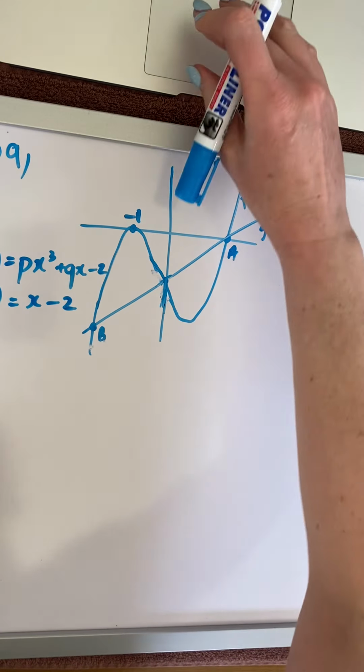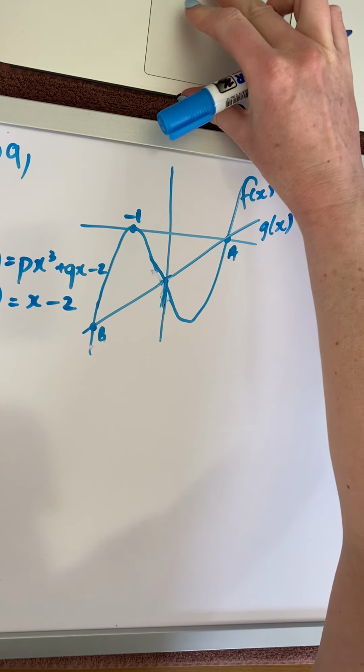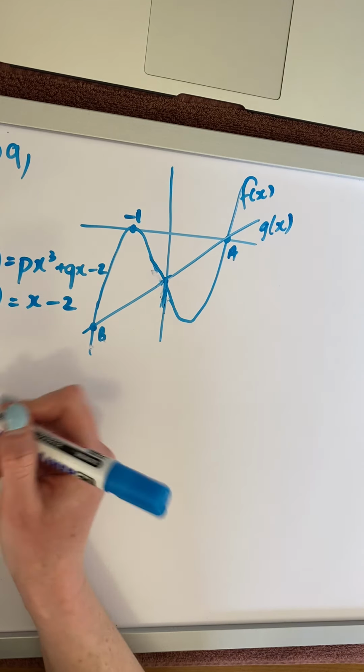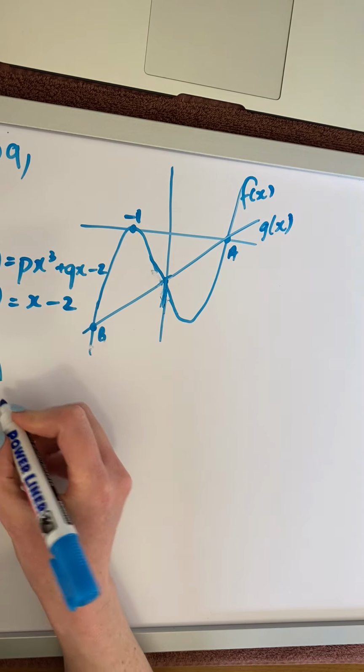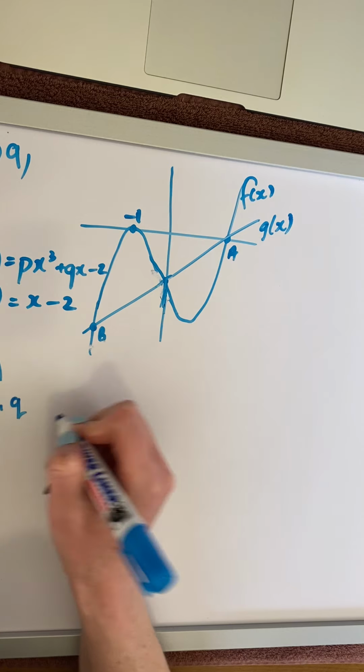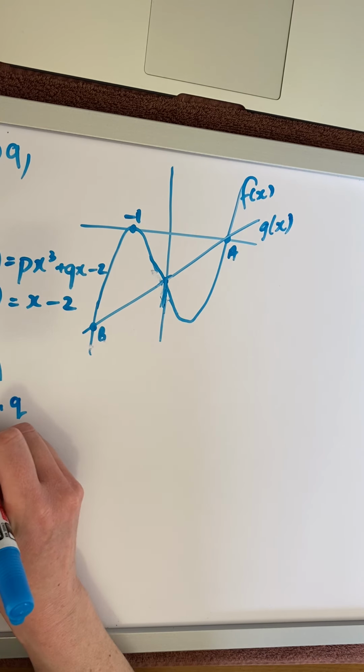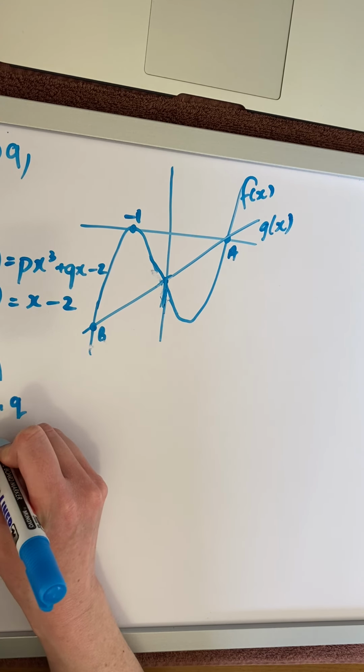So we are asked to find three things. We are asked to find a, the coordinates of point A, b, the values of the letters p and q in our cubic function, and c, the coordinates of point B.